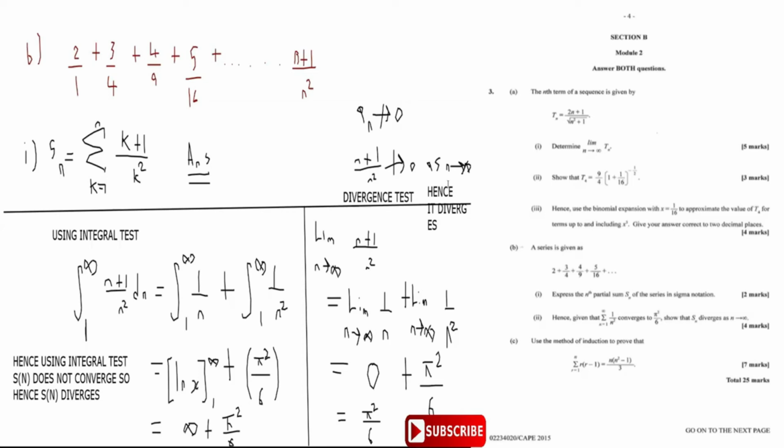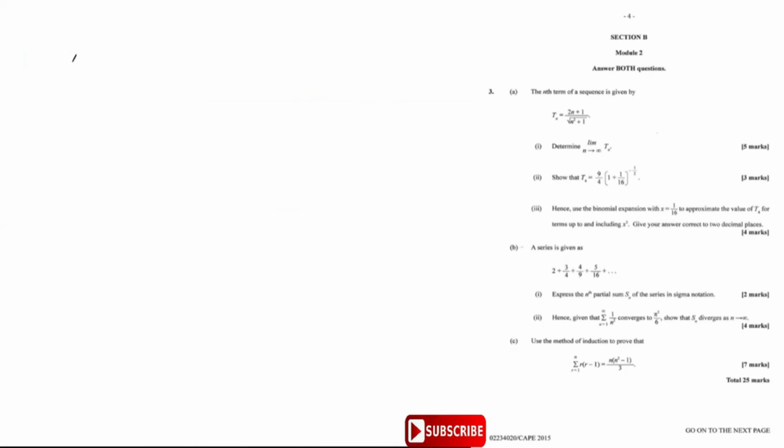Next part. Now the next part of the question says, use mathematical induction to prove that the sum. It says induction, so you're not going to use the method of differences.